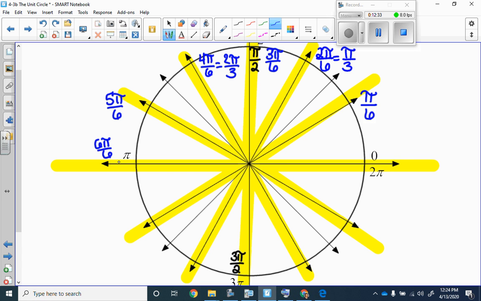So after 6 pi over 6, the next one here would be 7 pi over 6. The next would be 8 pi over 6, which is the same thing as 4 pi over 3. Then it goes to 9 pi over 6, which is 3 pi over 2, then 10 pi over 6, which would be 5 pi over 3.